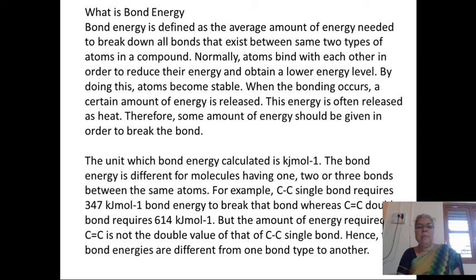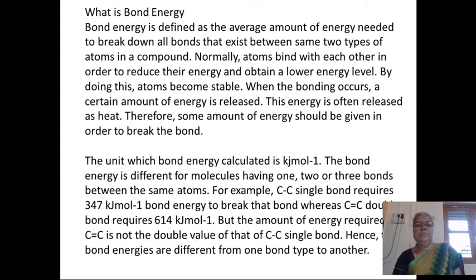But the amount of energy required for C double bond C is not double the value of the C-C single bond. Hence, the bond energies are different from one bond type to another. Remember that.